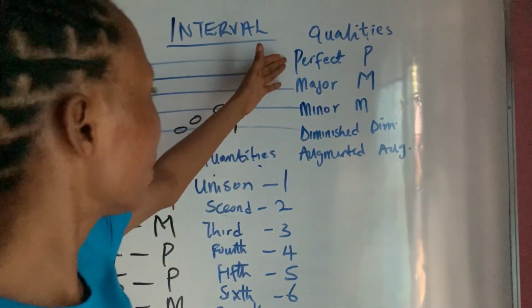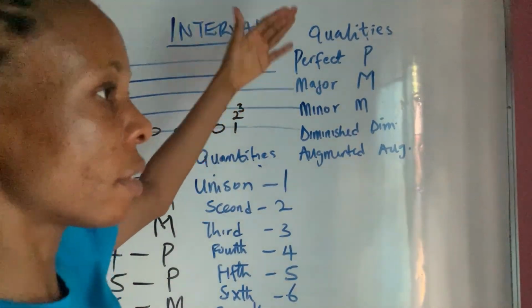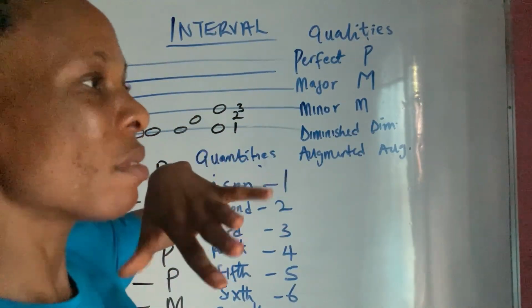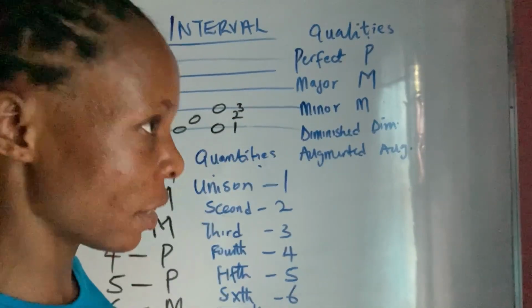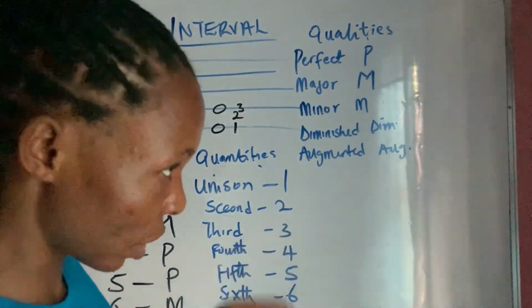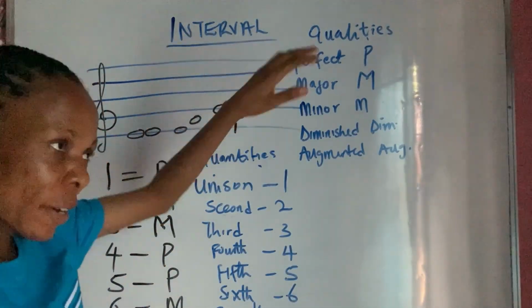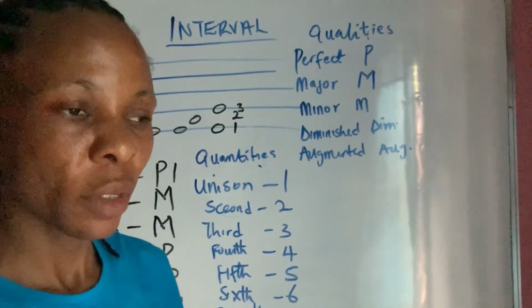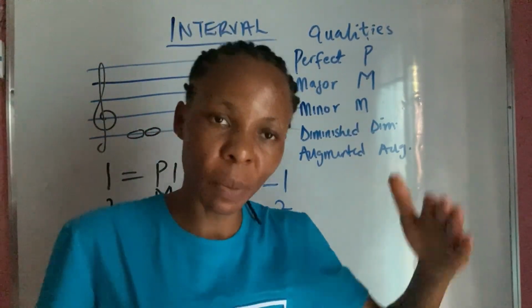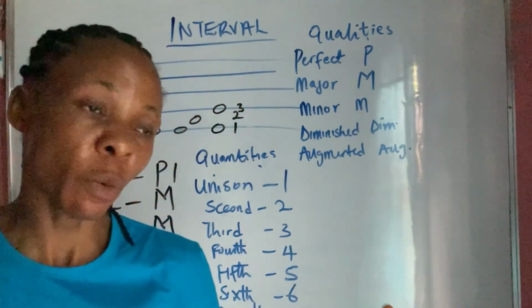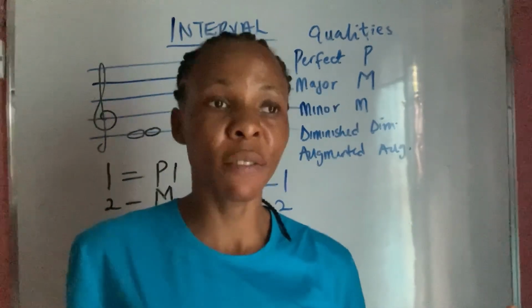Then perfect, when it is reduced, or don't worry, let me just say reduce for now. Primarily, let me call it reduce because that's the language you will understand for now. When a perfect is reduced 4 degrees, let me use that word. Like, reduce, I've already explained. It gives you a diminished. When a major is reduced, it gives you a minor.